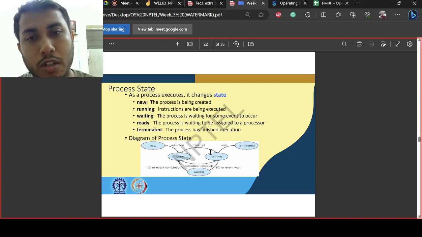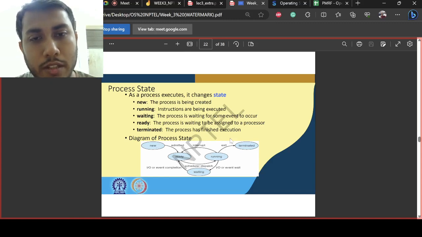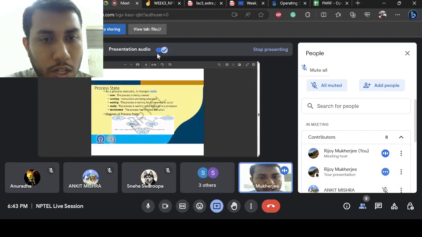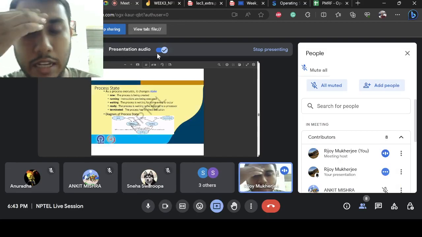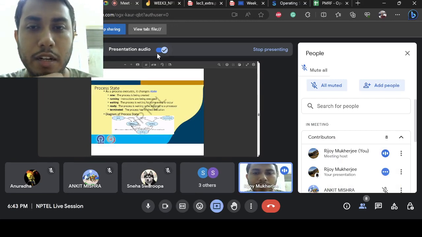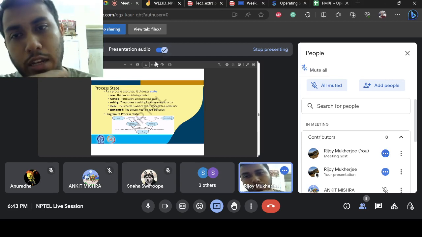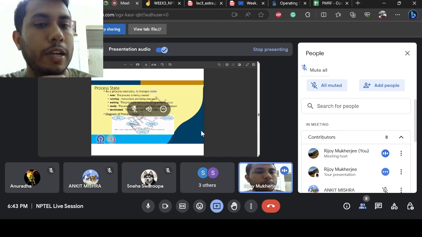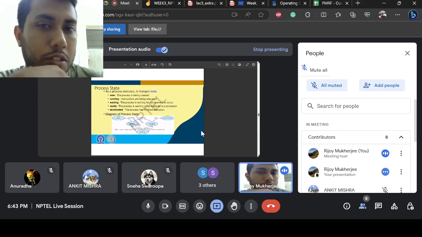Those things are saved in, let's say, a table, and the process is put back into the ready state. Finally, when the program is completed, it exits and gets terminated. So this is your process state diagram. You need to remember this quite well, like how processes work. Any doubt regarding this, you ask. The diagram is a little complicated, but this is how it works.